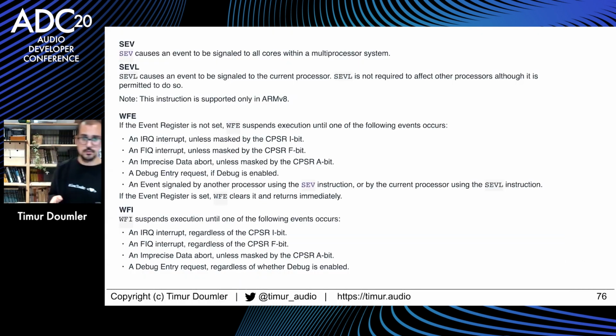It turns out there was actually a group of instructions there: SEV, SEVL, WFE, and WFI. SEV sends the signal event across different cores, then you have SEVL, which is a single core version of that. And then WFE waits for events or interrupts, and WFI just waits for interrupts.